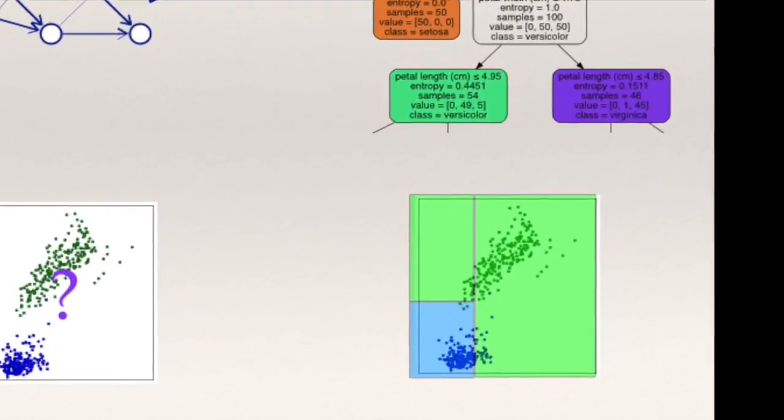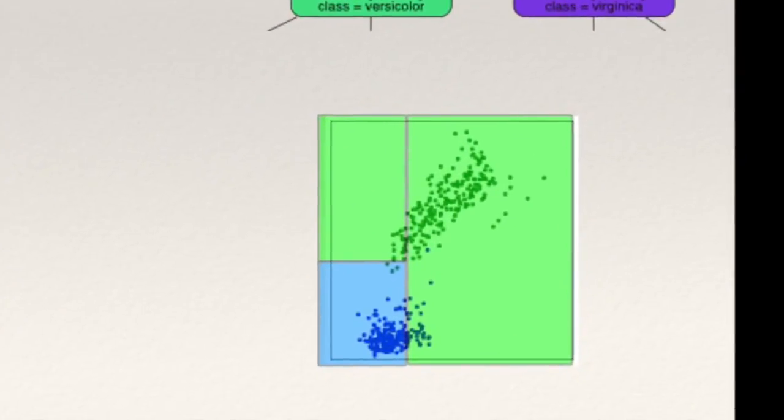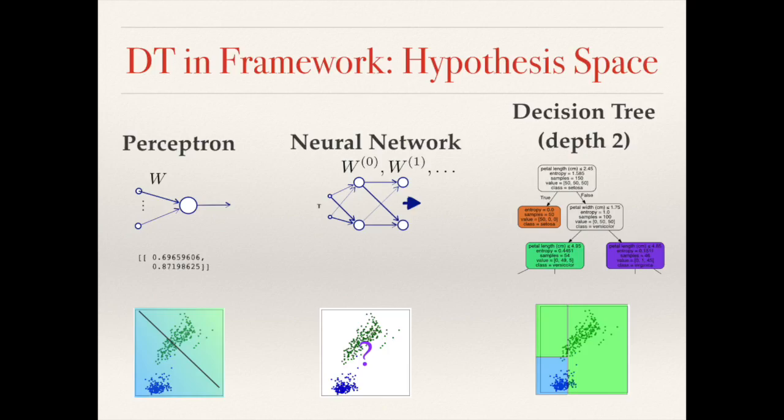That is because when we construct decision trees, the decision tree examines each attribute of the data one by one.